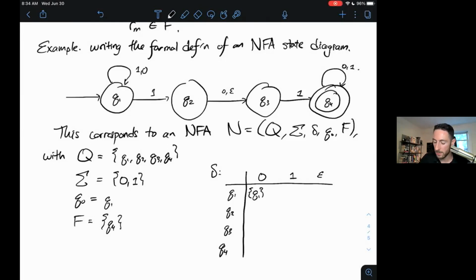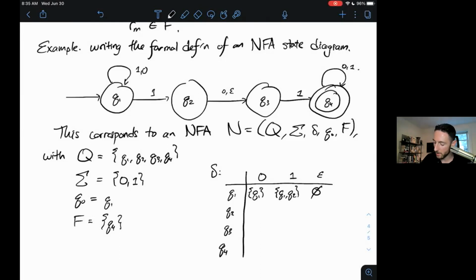On a 1, there's two outgoing edges that take us to Q1 again, and also to Q2. So this is a subset of all the states, Q1, Q2, and it's also a member of the power set of Q. So it's in the output of our transition function. There's no outgoing epsilon edges. So on epsilon, we go nowhere. We go to the empty set of states.